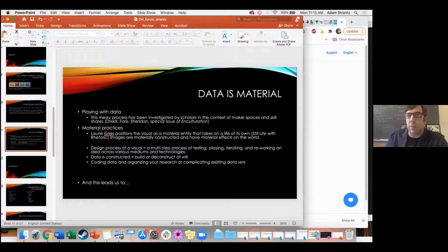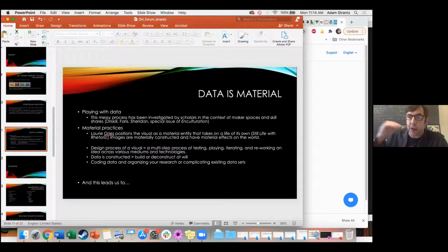She studies the Obama Hope poster and the kind of ripple effects it has out into the world. So just thinking more generally about visualizations and data as materially constructed that have material effects in the world. So design process is a multi-step process, testing, playing, iterating, reworking an idea across mediums and technologies.